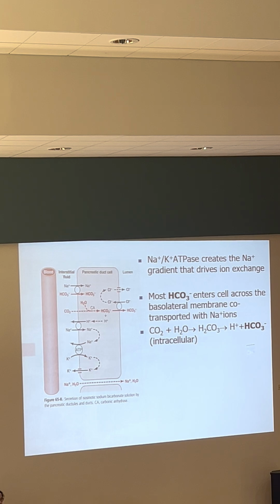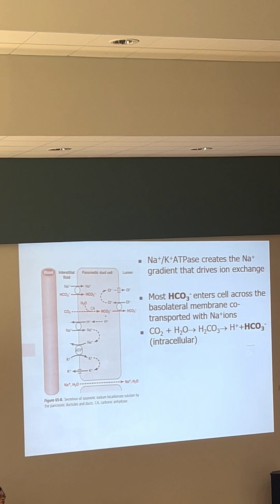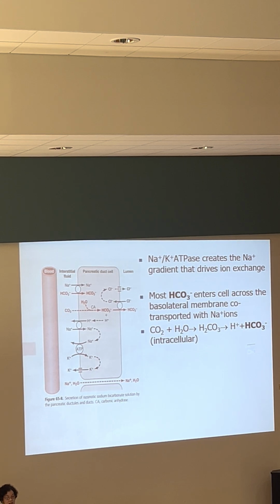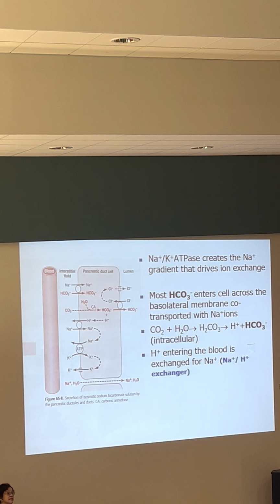Energy is provided, and that comes from the pumping of sodium out, creating the sodium gradient for the movement of sodium into the cell. And that is done with bicarbonate being transported. So that carrier transports the sodium and bicarbonate into the cell, along with the bicarbonates being created inside the cell. So we have lots of bicarbonates now in the cell.